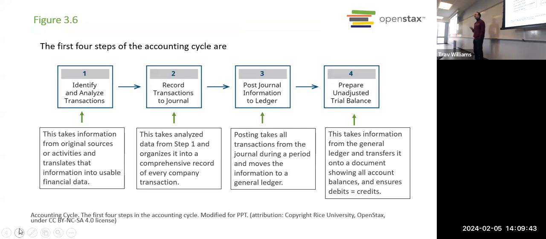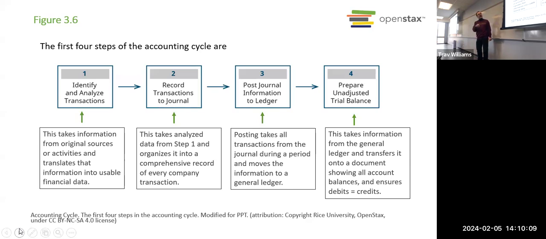First, you have to identify each transaction and analyze it to understand what happened in this transaction. Was it a sale? Was it a purchase? What was it? Once we have analyzed the transaction, we can record it to the journal. Remember, that was the first book I told you about, where everything is in chronological order.